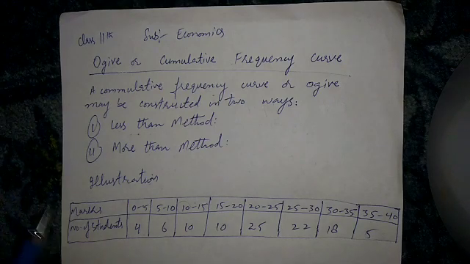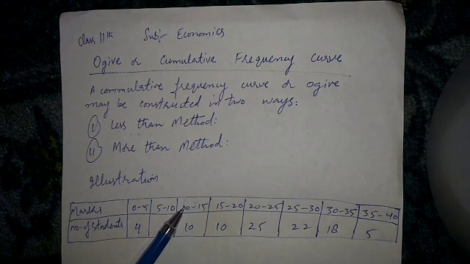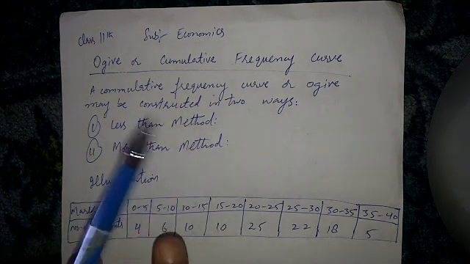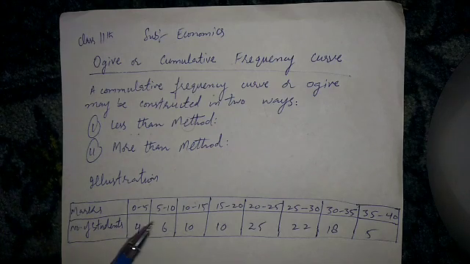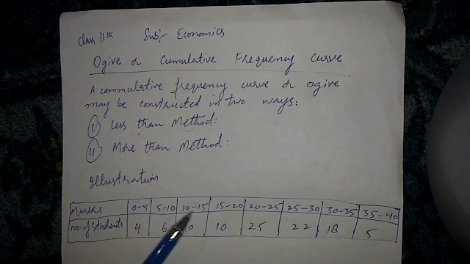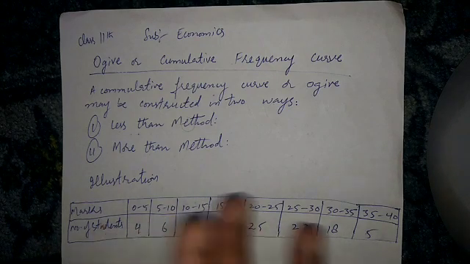Thus, in a series showing 0 to 5, 5 to 10, 10 to 15 as different class intervals, we will find the frequency for less than 5, for less than 10, and for less than 15. The frequencies are added up to make less than Ogive.